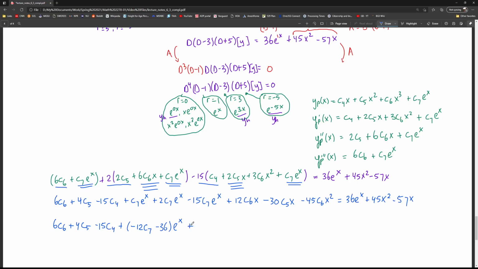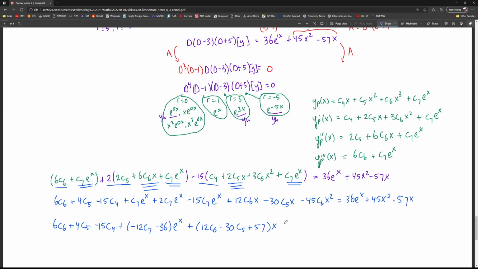Okay, and then for the x's, right here, we have 12c6 minus 30c5, and then plus 57, that takes care of that x there, negative 57x.